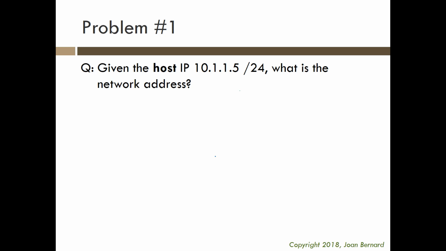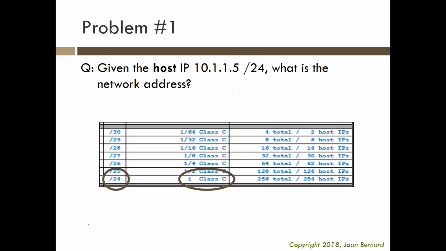Here's our first problem. Given the host IP 10.1.1.5/24, what is the network address? When you're tackling these problems, the first thing I want you to do is focus on that /24, or whatever the CIDR notation is. Take a look at your subnetting cheat sheet.